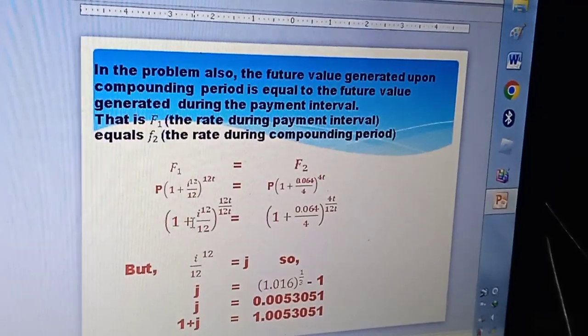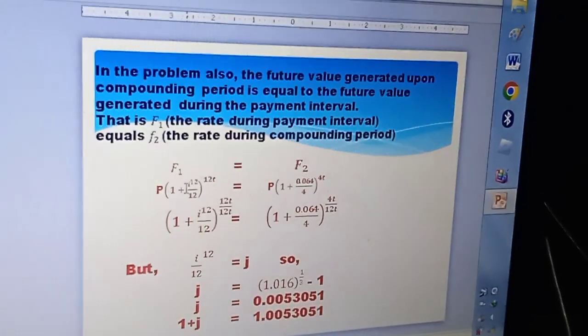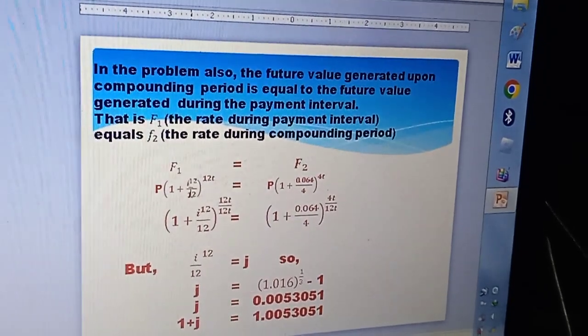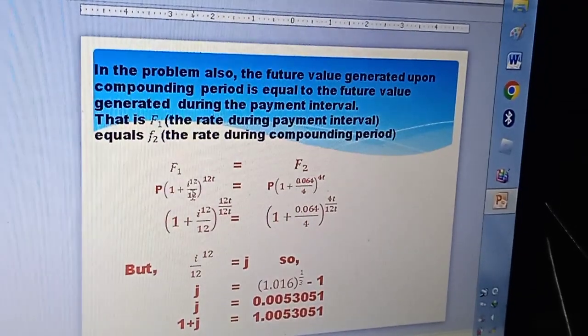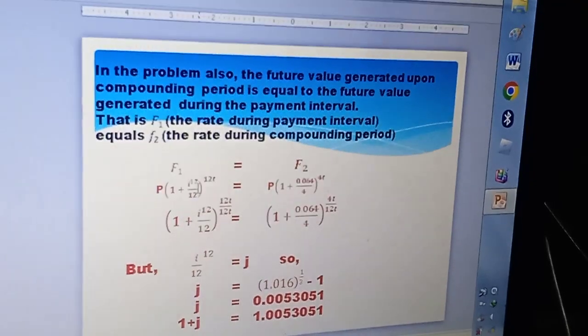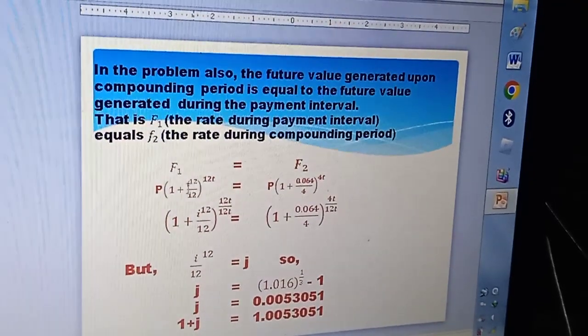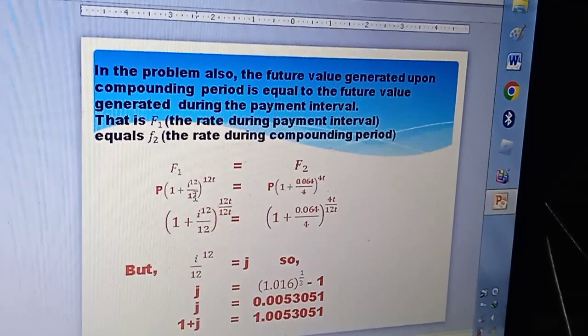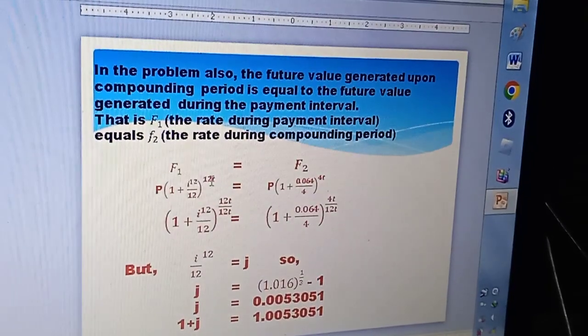So that we can free the j here. This is equal to i^(12) over 12. This is the rate that compounds during the payment period, and this is raised to 12t.